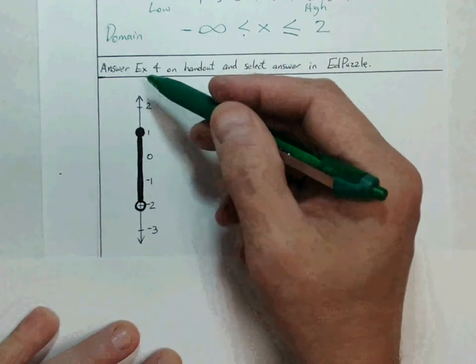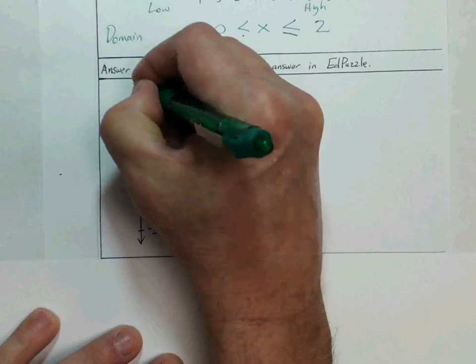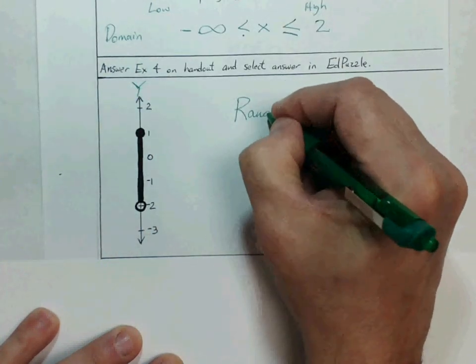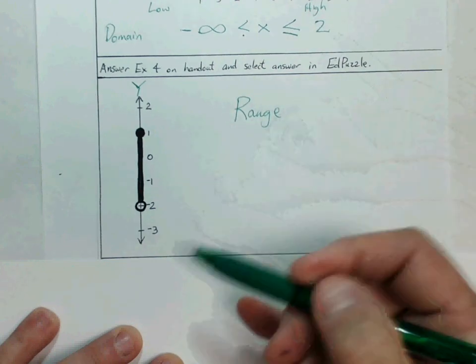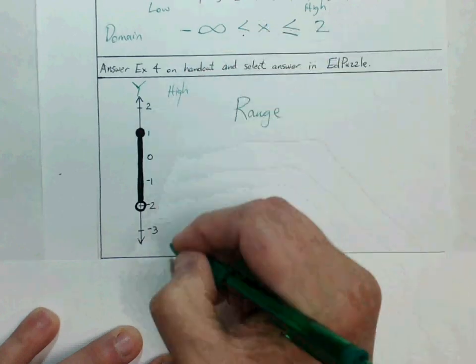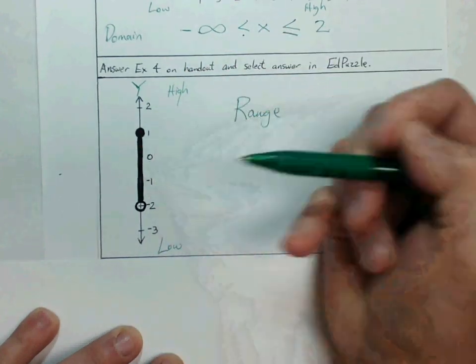But when we go vertical, we're going to have to say that this is my y-axis. All right, so the y-axis goes up and down, so we're going to be finding the range on this problem. And well, where's my low and high? My high is up, my low is down, and well, in between is well in between.